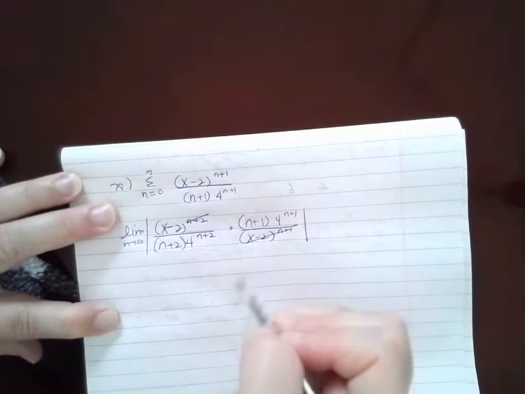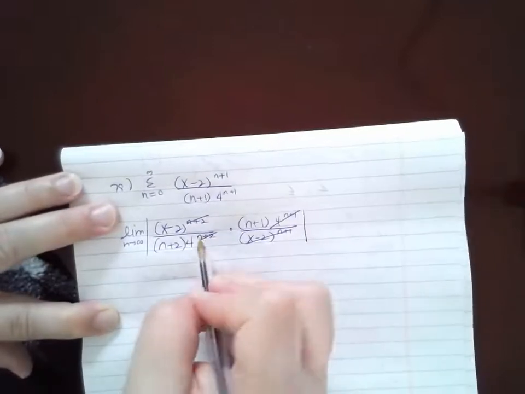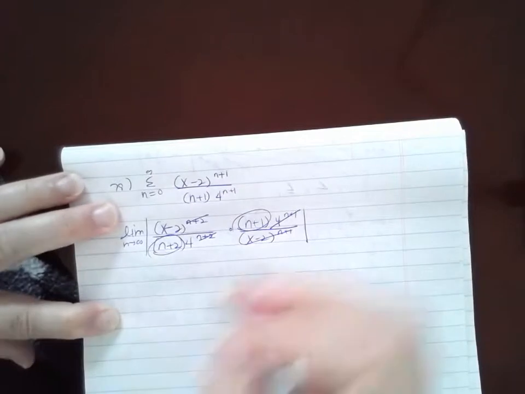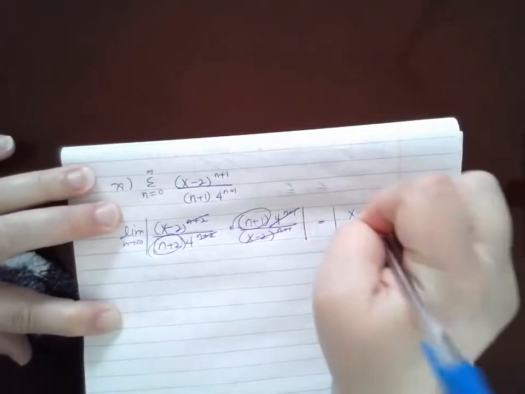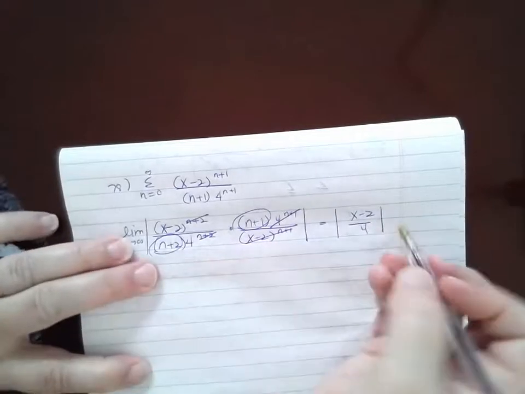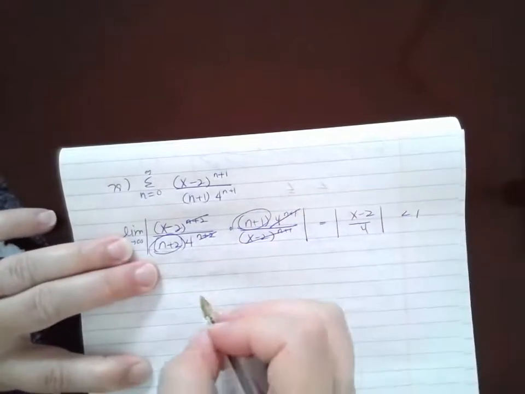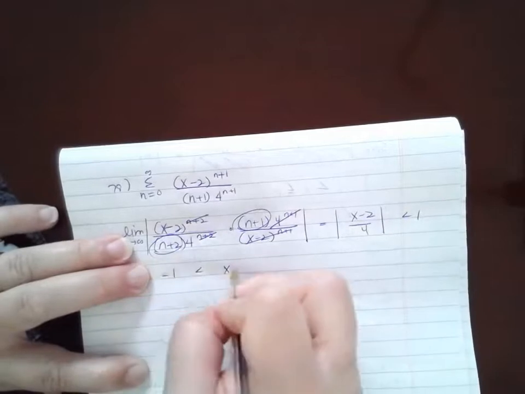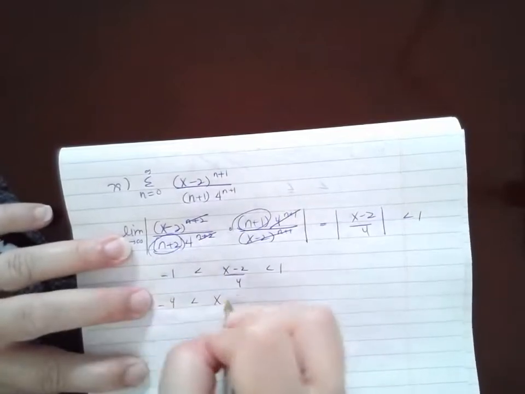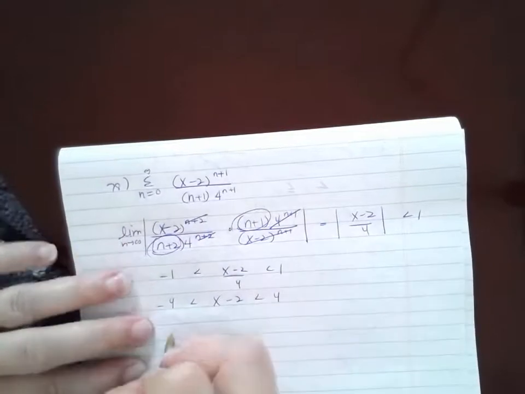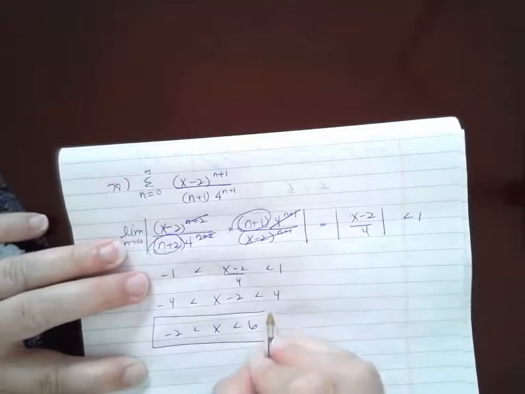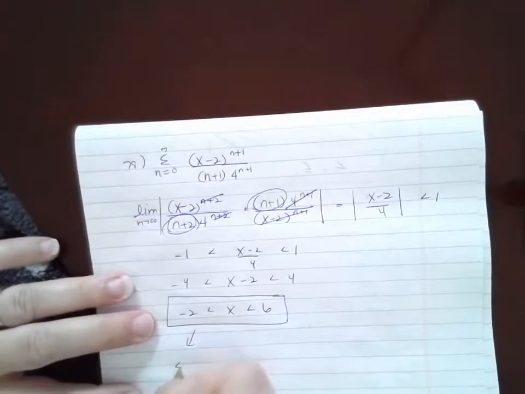These differ by 1, these differ by 1, and the limit of those is equal to 1, leaving absolute value of x minus 2 over 4. So if you bound that less than 1, then that means that we are stuck between negative 1 and 1. Multiply each of those by 4, add 2, and we need to check our endpoints.